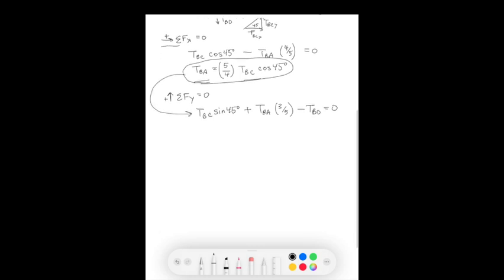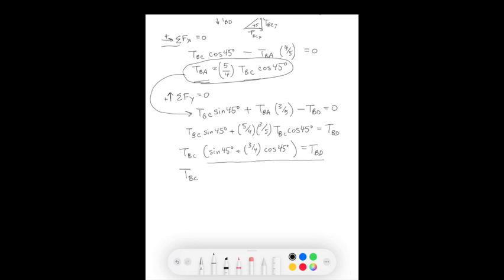When we do that, we see that TBC sine of 45... Now go ahead and solve for TBC. Because at this point, everything over here is known. So I can solve for TBC.